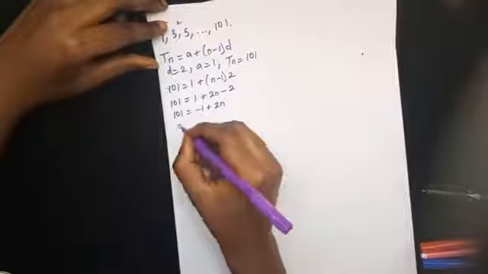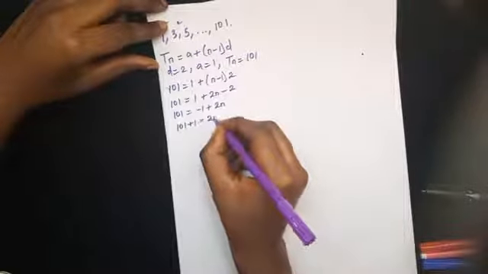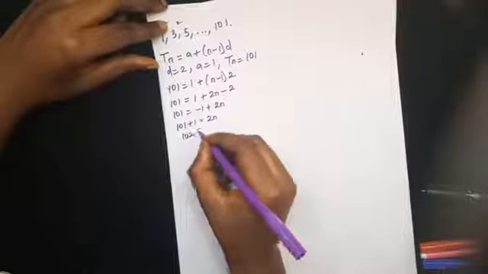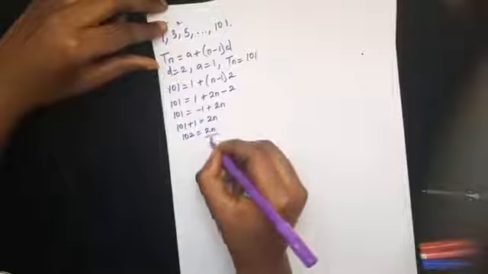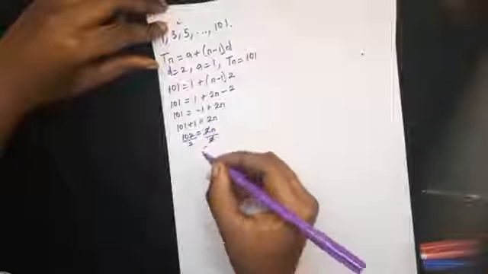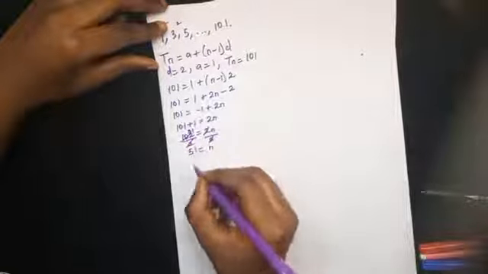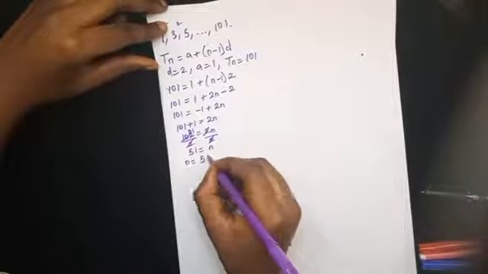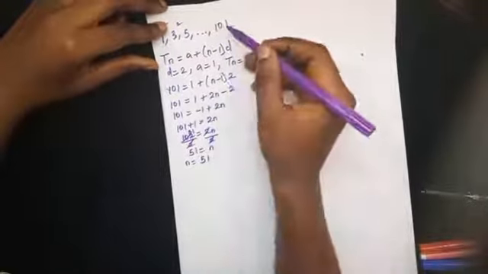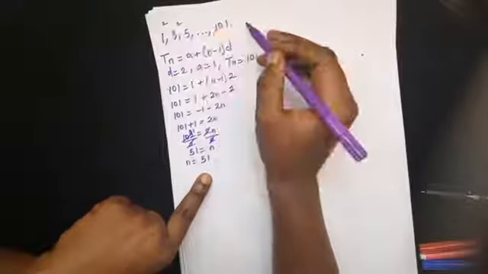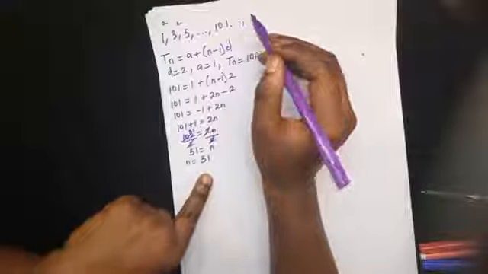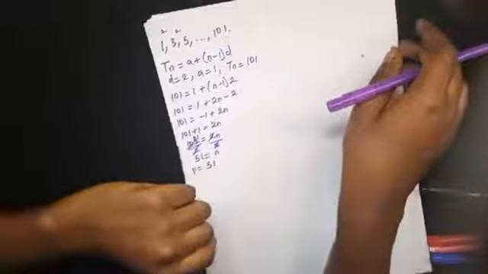Collecting like terms, I have 101 plus 1 equals 2n, 102 equals 2n. Dividing both sides by 2, 51 equals n, which means n equals 51. That means 101 is the 51st term of this particular arithmetic progression, and is also the last term of that progression.